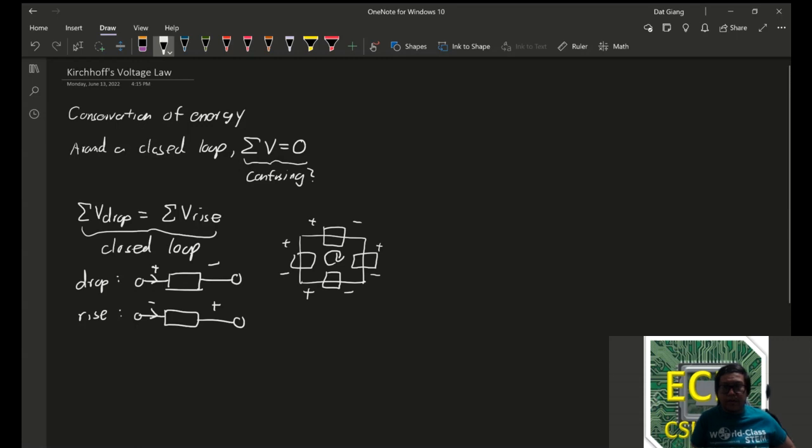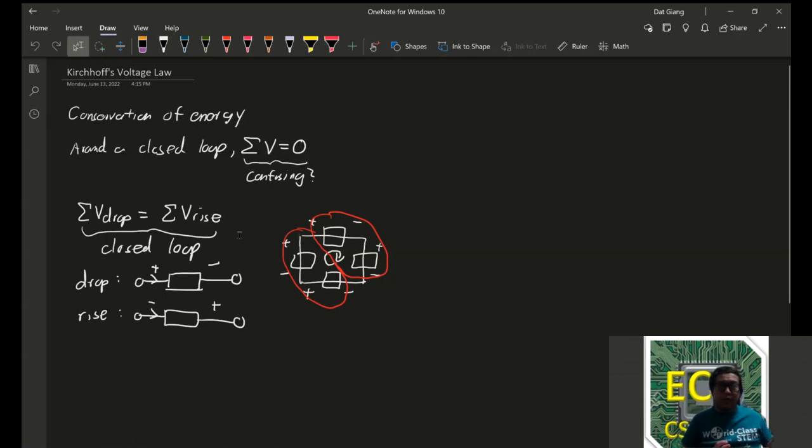So if we follow the arrow, we have drop, drop, rise, rise, which basically states that the sum of these two voltages should be equivalent to the sum of these two voltages. Now, this is where we can apply voltage polarity, under the assumption that they have not been pre-assigned.